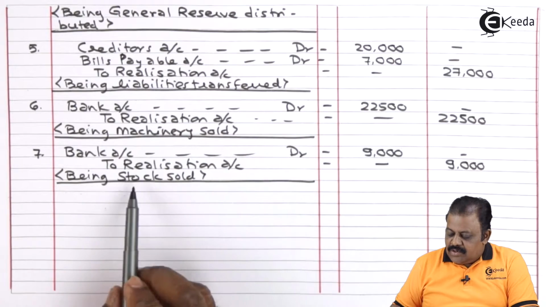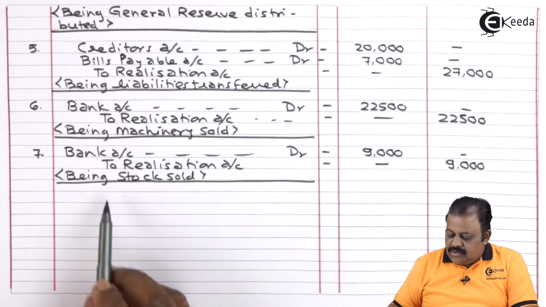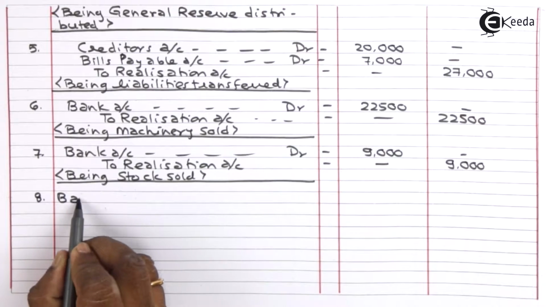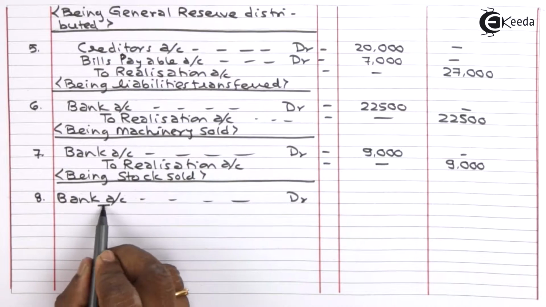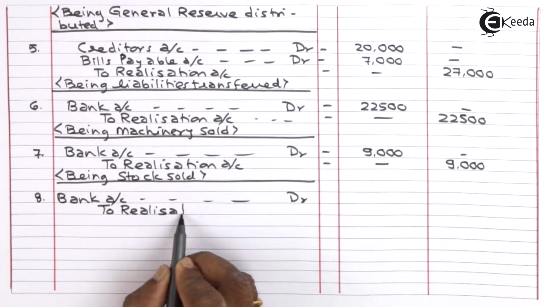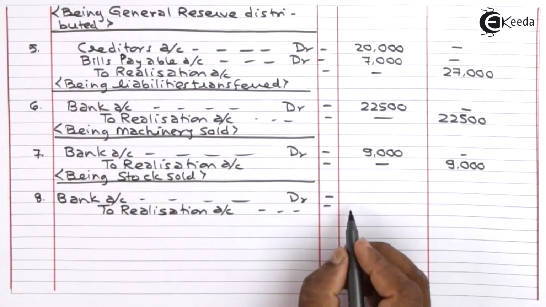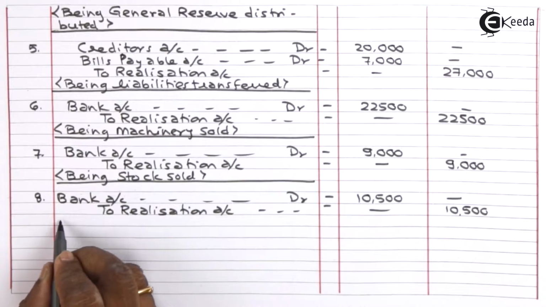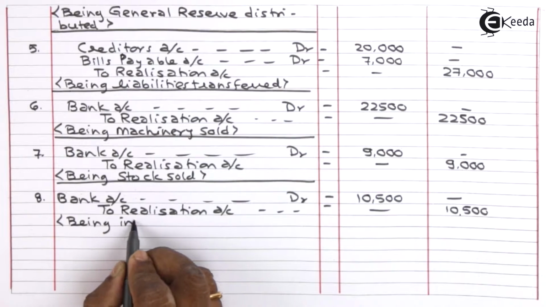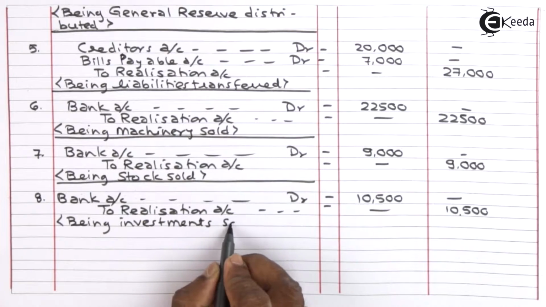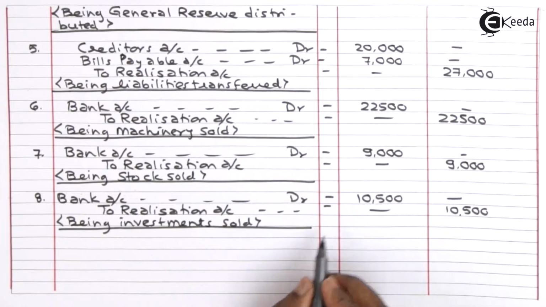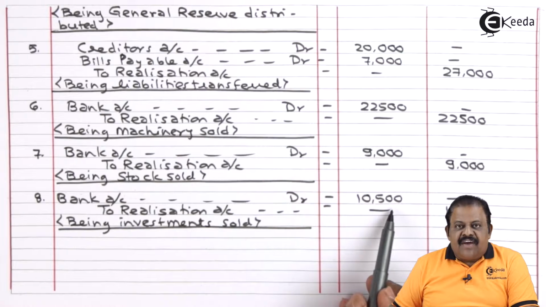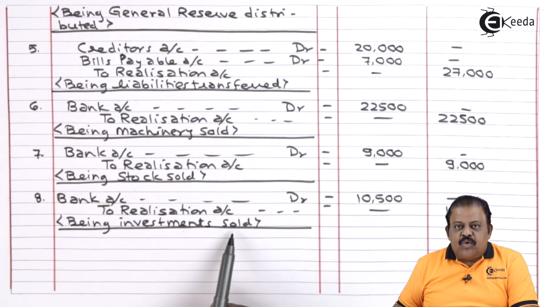Bank account debit 9,000 to realization account 9,000, being stock sold. Bank account debit to realization account 10,500, being investment sold.